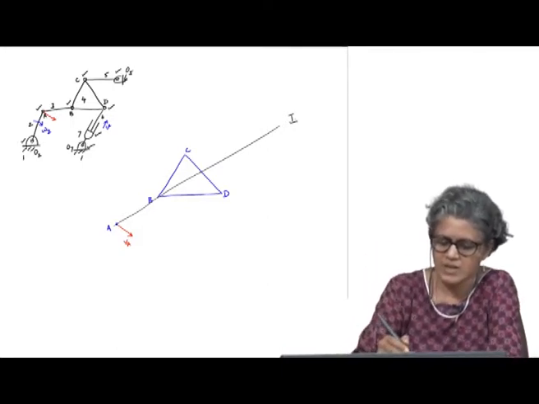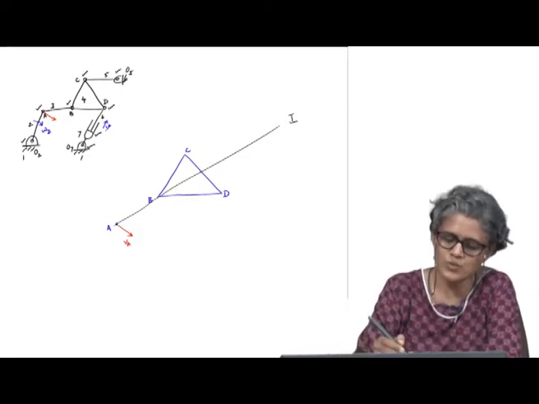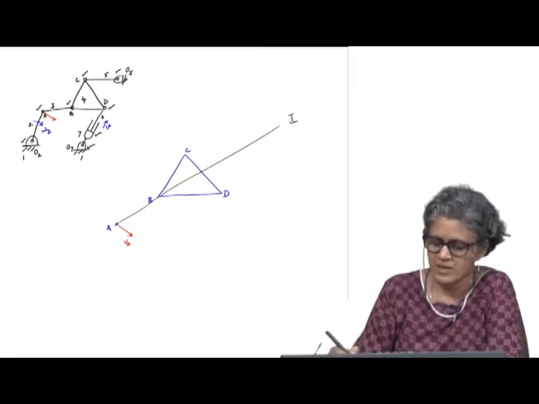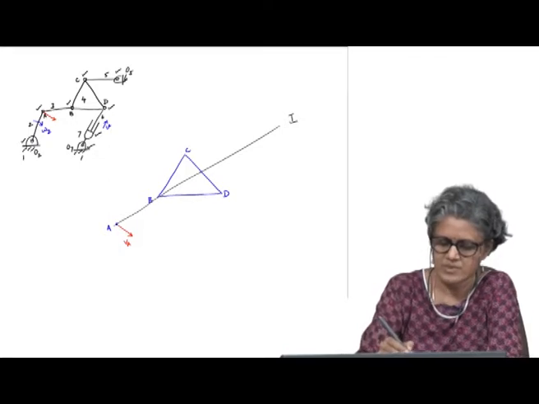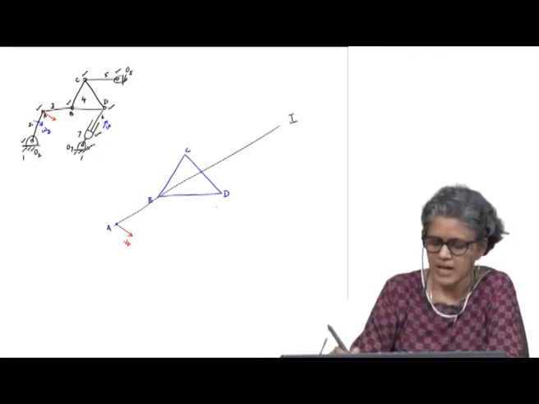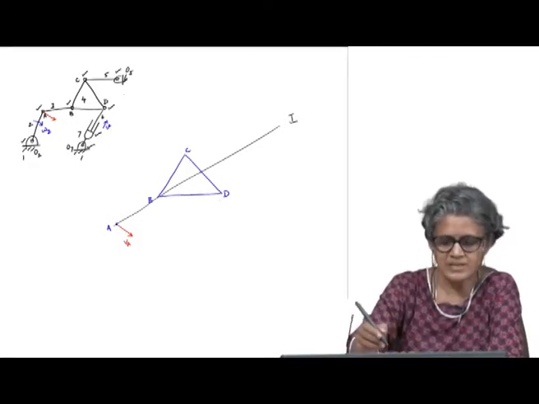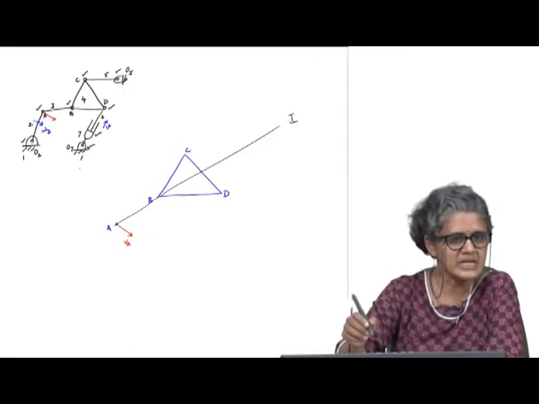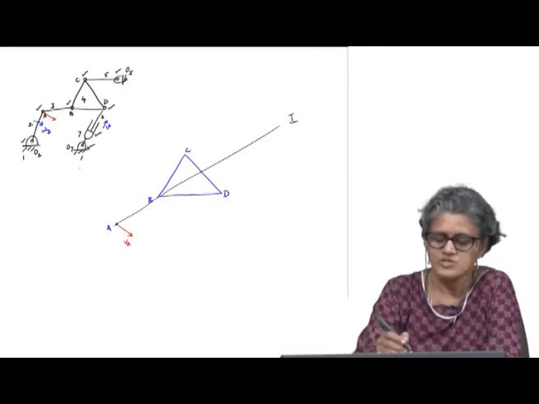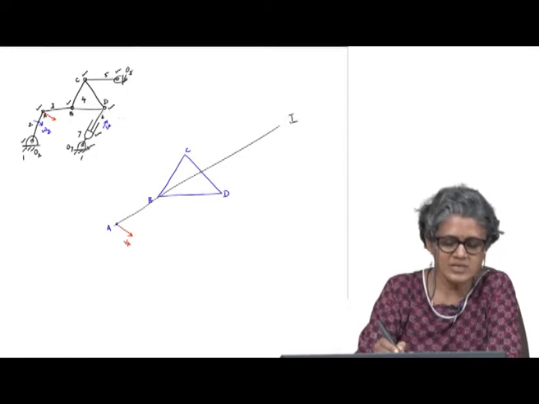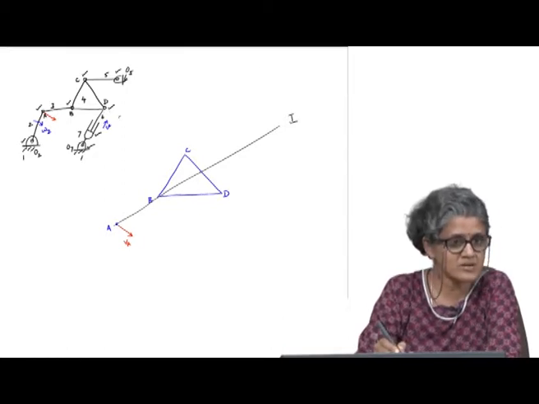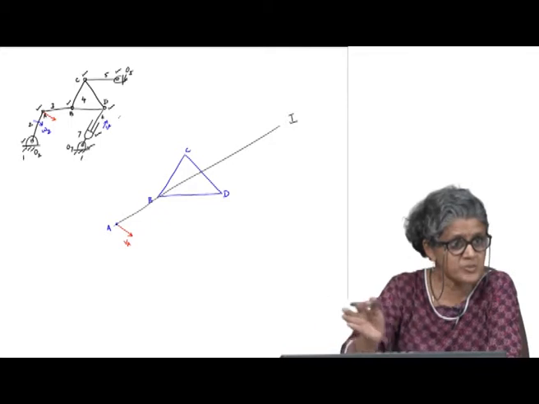Now, there is another velocity I know, which is this velocity here, and that is along this line O7D. So, the other component of the velocity is perpendicular to this. So, that is not going to be transmitted.